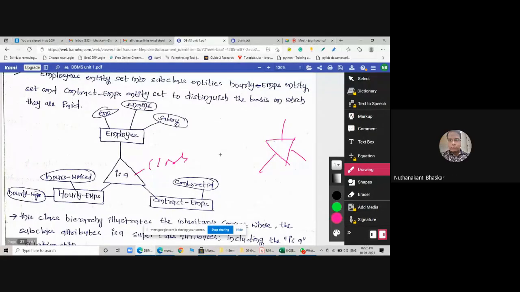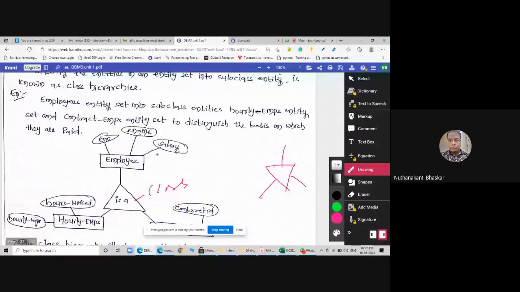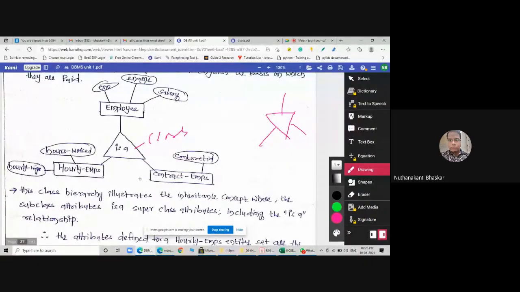Here the base is the employee base class, and the derived classes are hourly employee and contract employee. Means the base entity is employee and the derived entities are hourly employees, contract employees, or full-time employees. You can derive many entities, and the base entity's attributes can be shared to the derived entities, along with their own properties.